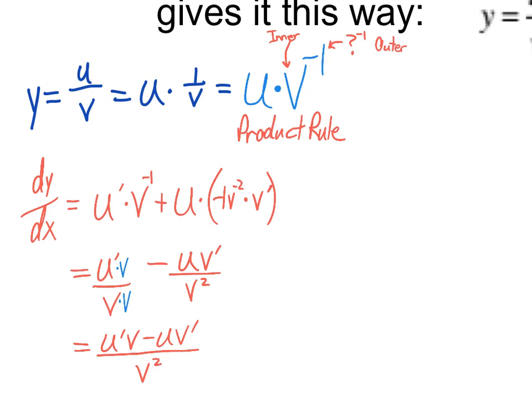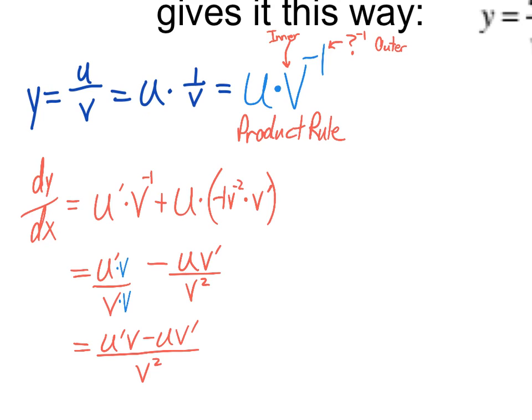The quotient rule is simply the product rule where the second factor is to the negative 1 power. What happens if you mess up the order? If you mess up the order of the u prime and v, that doesn't matter because that's multiplication, so it's commutative. If you mess up which one is the top and which is the bottom, it's going to mess everything up.